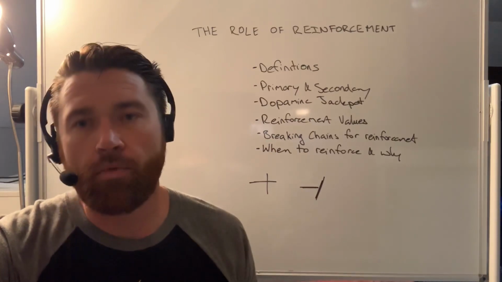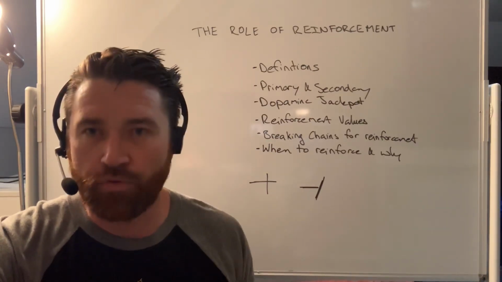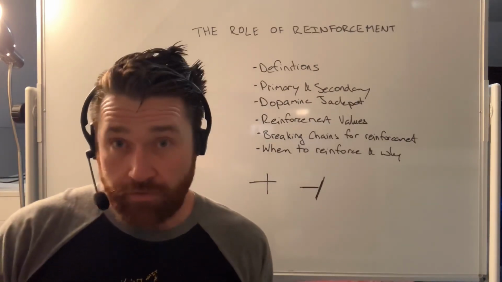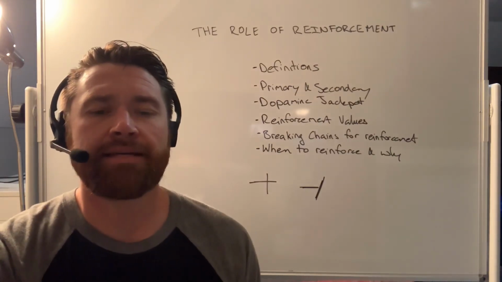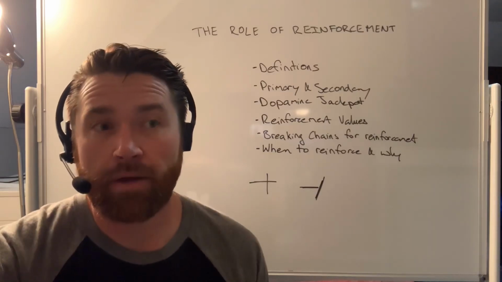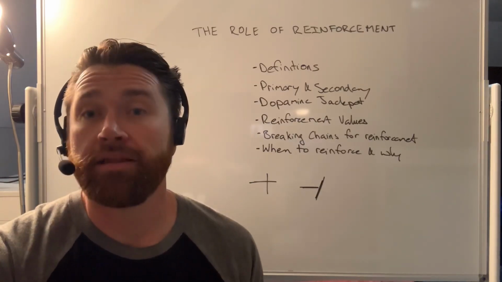So the old school term you might hear referred to is escape and avoidance training, and that's true. That's exactly right. But the truth of negative reinforcement is that it doesn't always have to be escape at a low level, avoid at a high level.